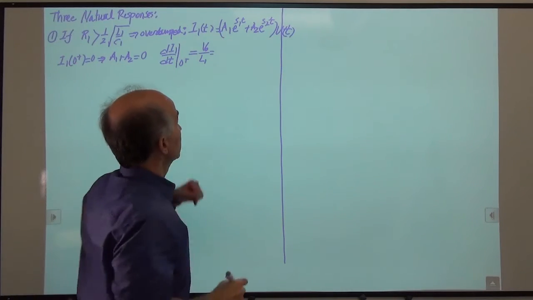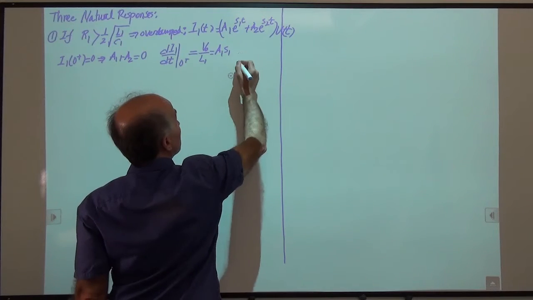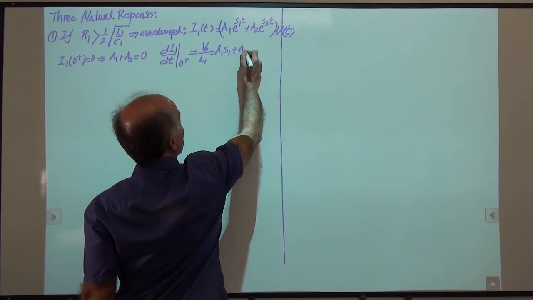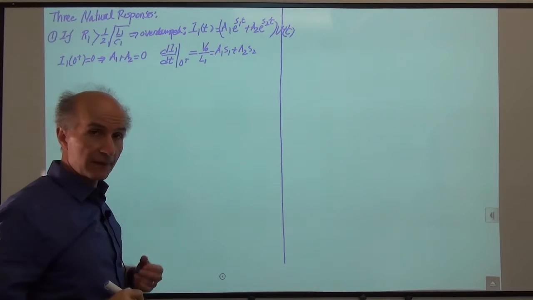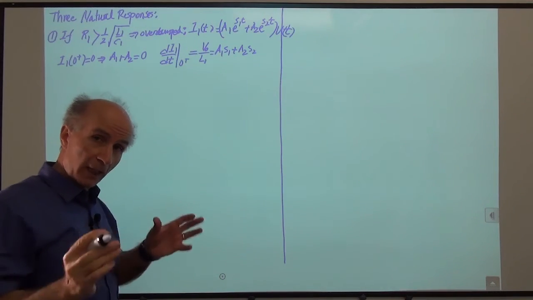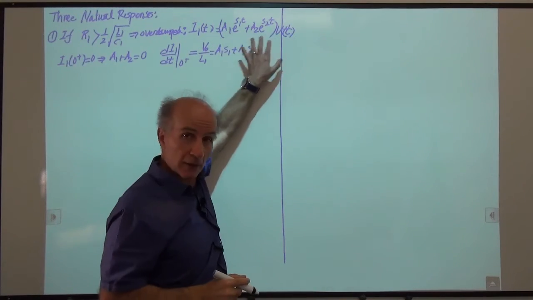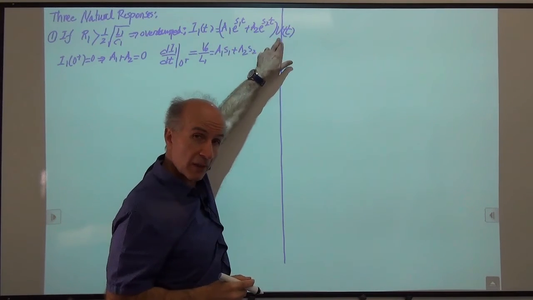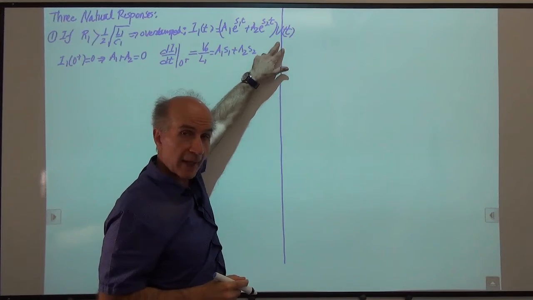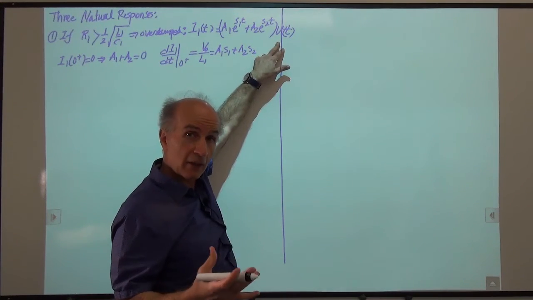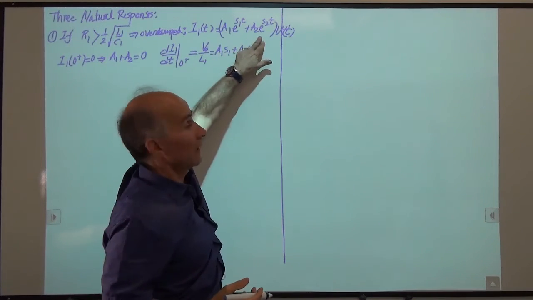Well, let's take the derivative of this. We have A1 S1 plus A2 S2, because I'm evaluating it at time 0. Again, you can ask, the derivative of this times this, that's great. How about the derivative of the u of t times this? That would be an impulse, and that impulse has a weight equal to this calculated at time 0.